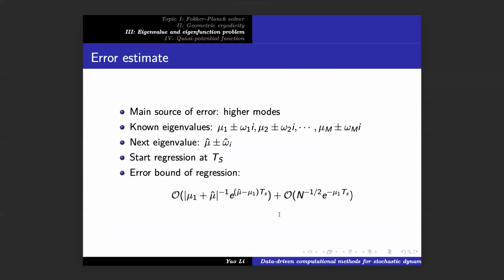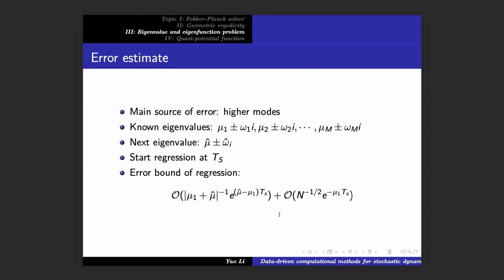Okay. So you really want to know as many eigenvalues as possible. You don't have to know the eigenfunctions, but you want as many eigenvalues as possible. And then the next eigenvalue, I call it mu hat. Okay. So I want the eigenvalues to be far apart enough, at least the real parts.